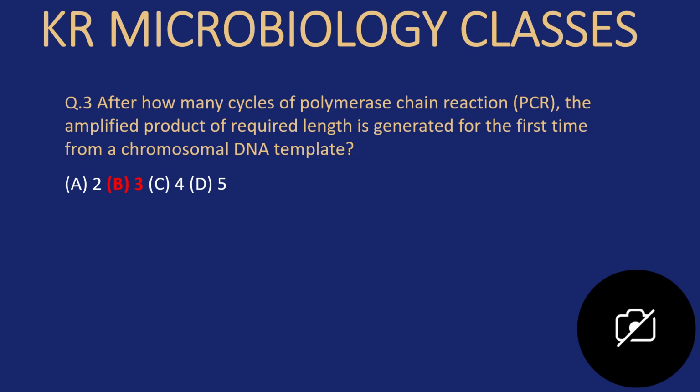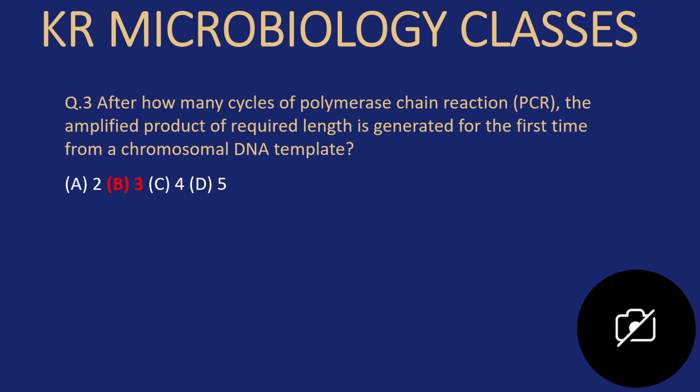So first question: after how many cycles of polymerase chain reaction is the amplified product of required length generated for the first time from a chromosomal DNA template? Here, the question is about the first appearance of the required length DNA. So for this, you have to remember that in the first cycle, we will get DNA which has more length than the required DNA.